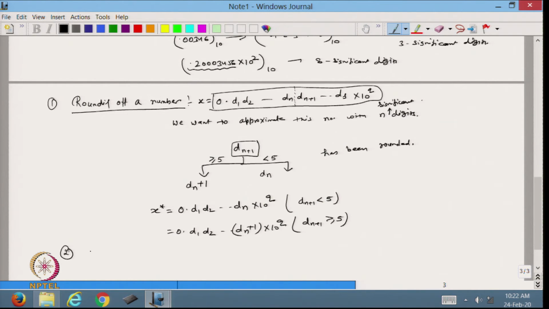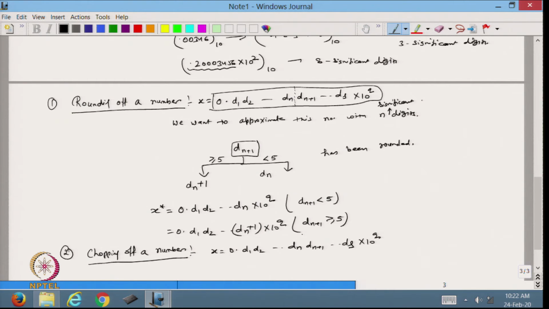The second one is the chopping of a number. In this case we do not care what the value of dn plus 1 is. Suppose we have the same number, 0.d1 d2 up to dn dn plus 1 up to ds, with s significant digits, times 10 raised to power q.